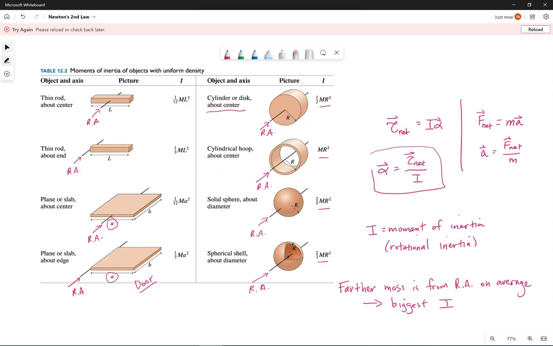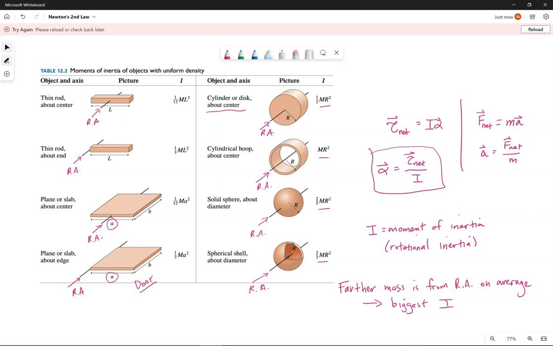Meaning, if we come back to Newton's second law, the biggest I for a given net torque would give a smaller angular acceleration. You can think of moment of inertia: the bigger I is, the harder it is to change the rotation.